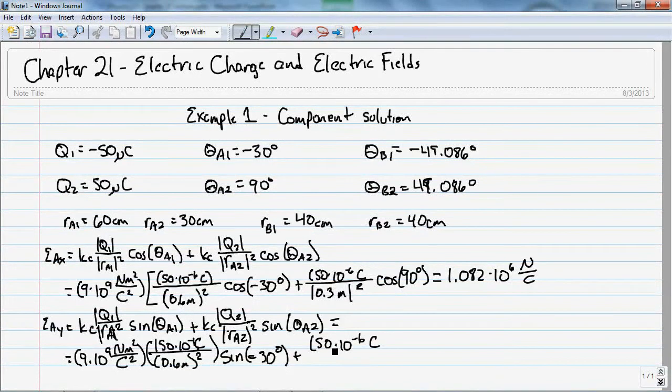Put in my last one in here. And that's going to be 4.371 times 10 to the 6th newtons per coulomb.